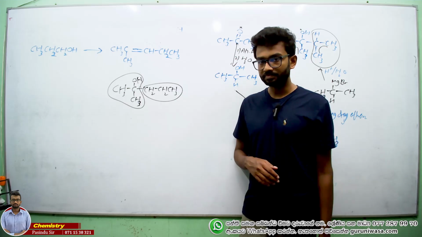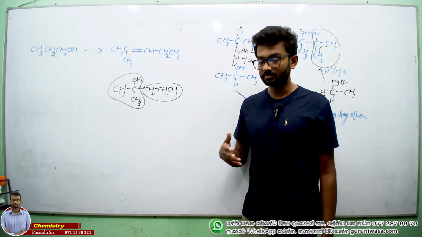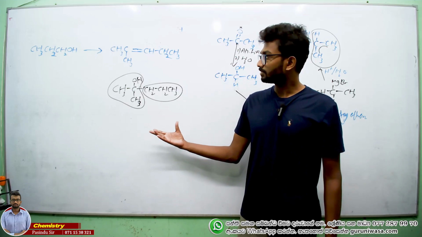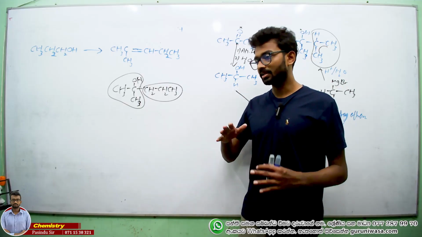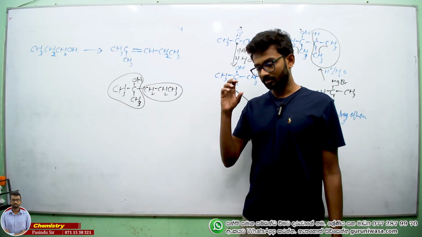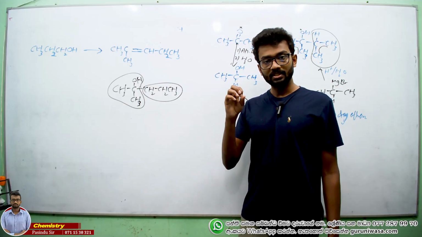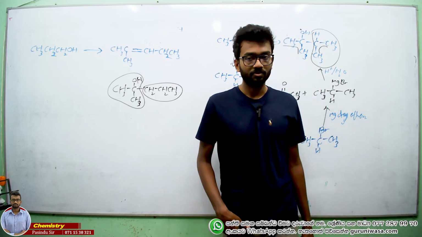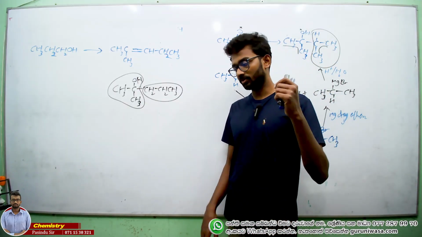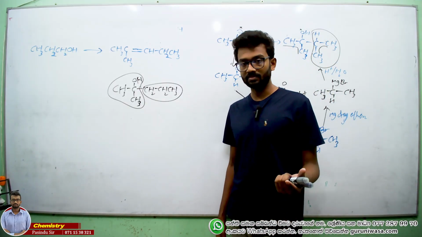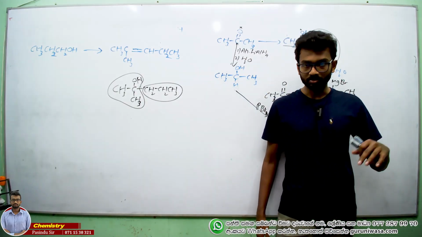You have to do the conversion, but here we don't have limitation, so we can follow any method, but the only condition is it should be fewer steps, right? They supply anything, but you have to follow the shortest pathway, the shortest route, right?